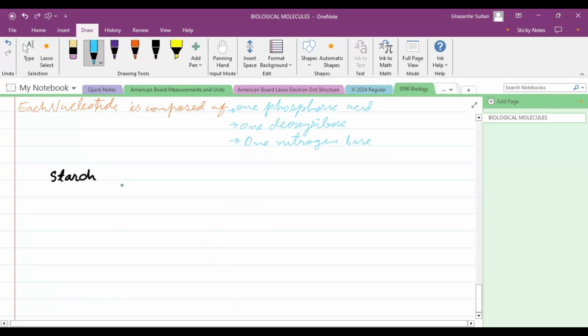So starch is like this. Suppose these units are sugar units. These are glucose. Each one is glucose. A long chain is running, and it has some branches.